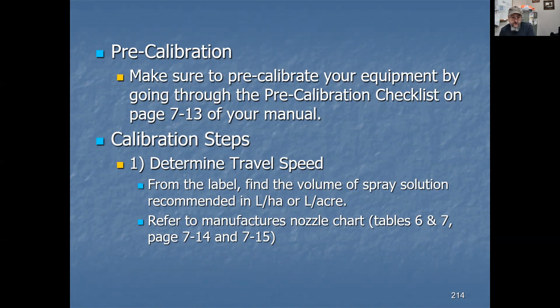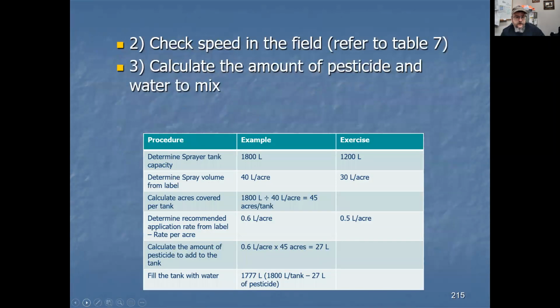These are on pages 14 and 15 as an example of a nozzle chart that you might be familiar with. Check your speed in the field, refer to table 7, and then calculate the amount of pesticide and water to mix. Some simple math here.